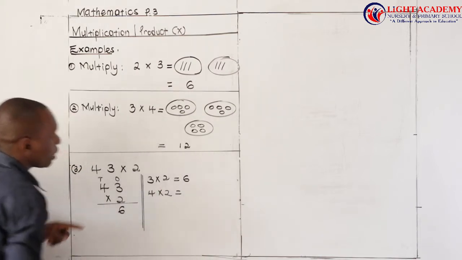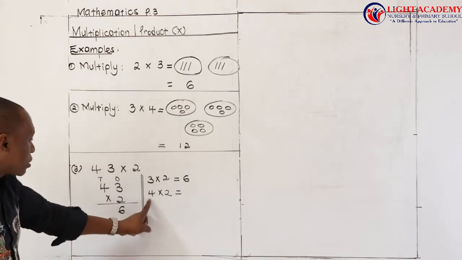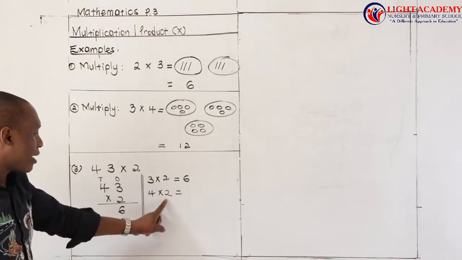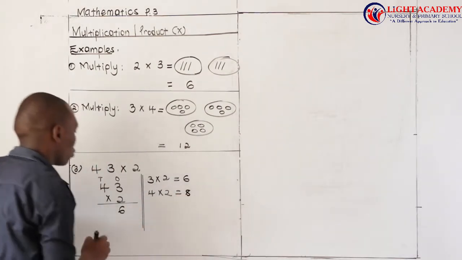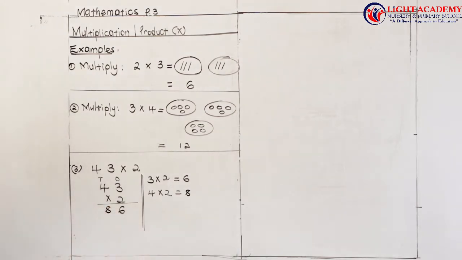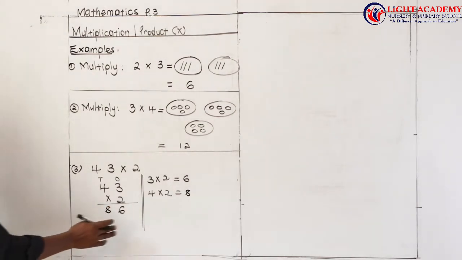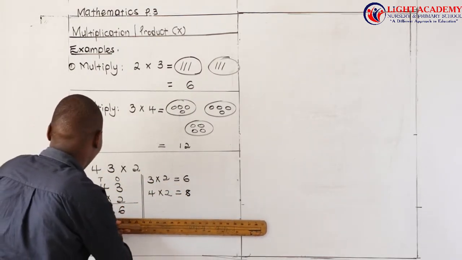Okay? What does this one mean with the idea of groups? I'm having 4 groups, but each group has 2 items. So the answer I get is 8. So I will write 8 under the 10's place value. And for that case, I will have gotten the answer for that. Right.